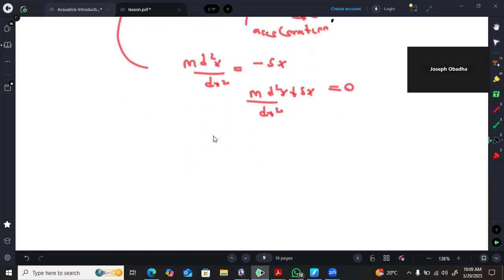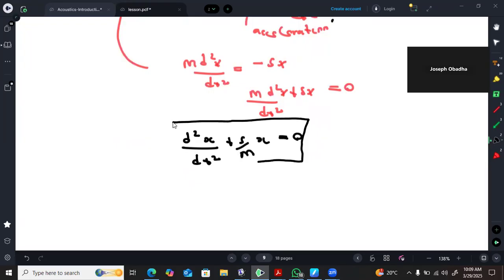Or alternatively, if I divide both sides by M, I will have d squared X by dt squared plus S over M X equal to 0. This is a second order differential equation, and we can solve the equation in X and get the expression in X.